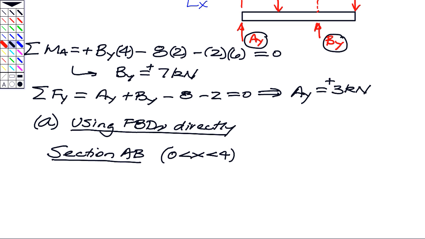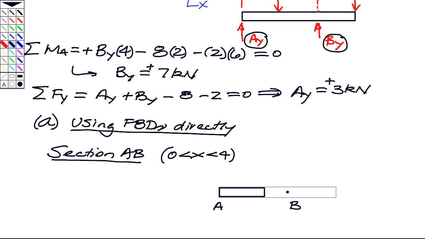So what I do here is draw a free body diagram of a part which is somewhere between A and B. Here it shows the full length of the beam. What I want to do is draw a free body diagram of a section here. This is A, and B is over here.